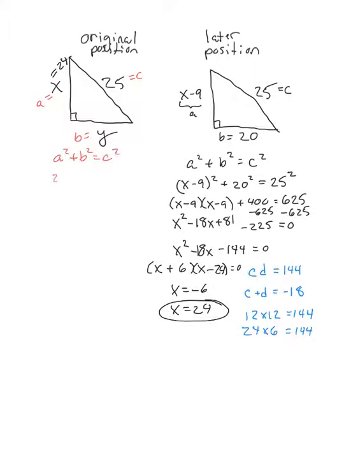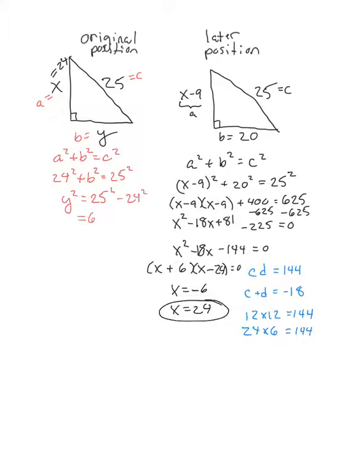Our a squared will be 24 squared plus b squared is equal to 25 squared. Y is our b, so we'll just plug that in. We'll have 25 squared minus 24 squared.